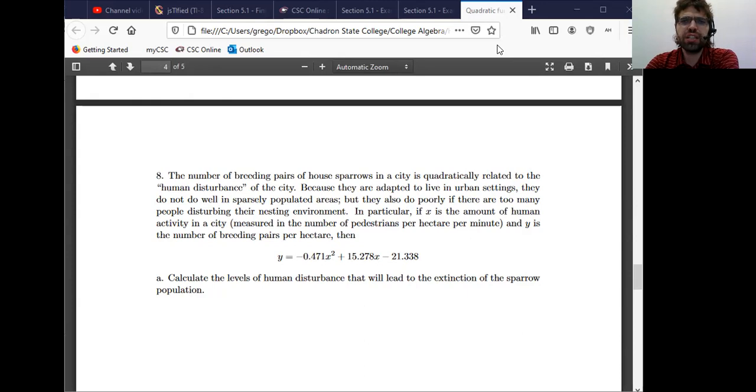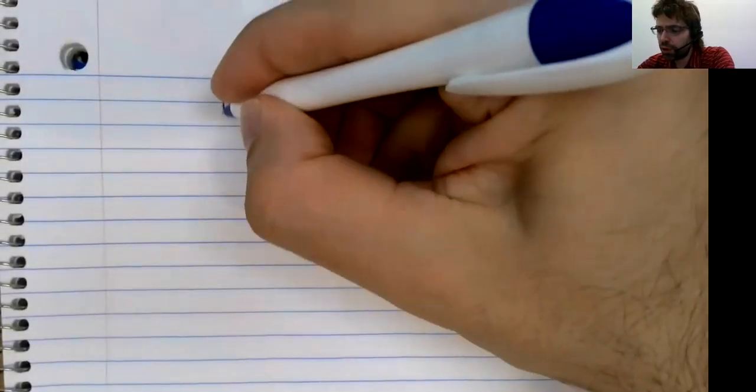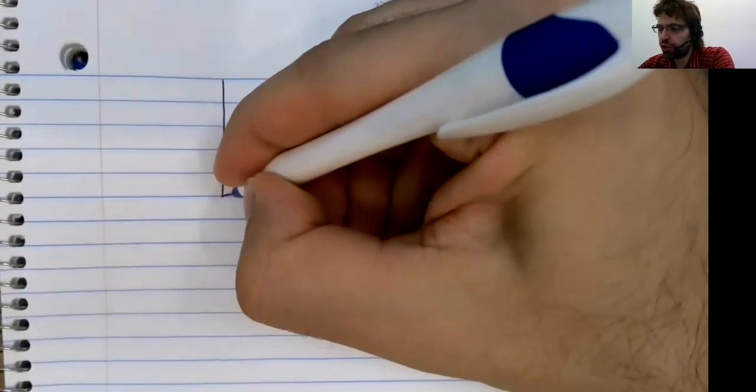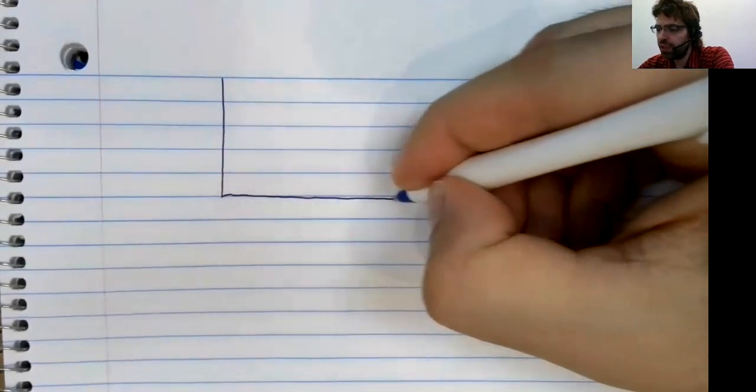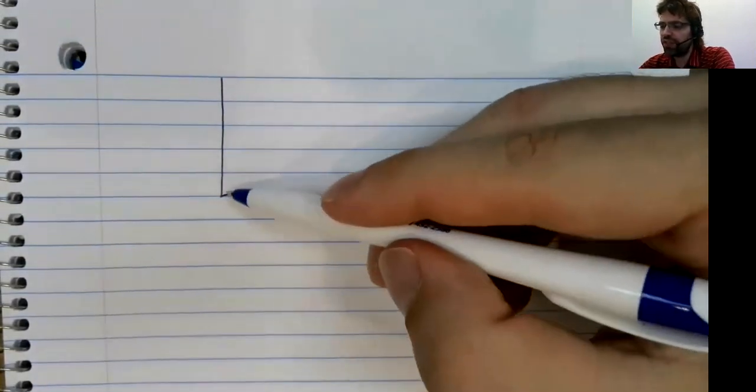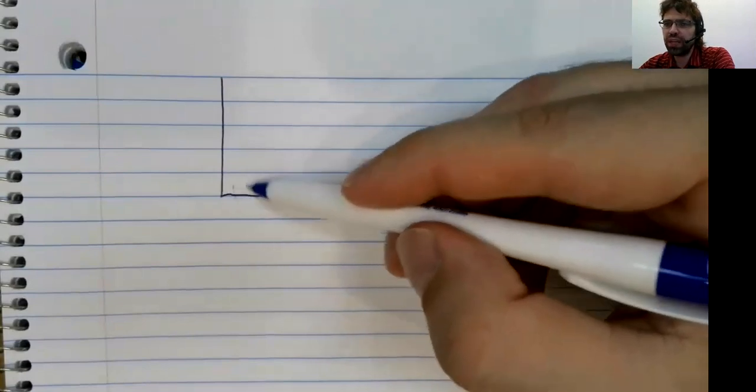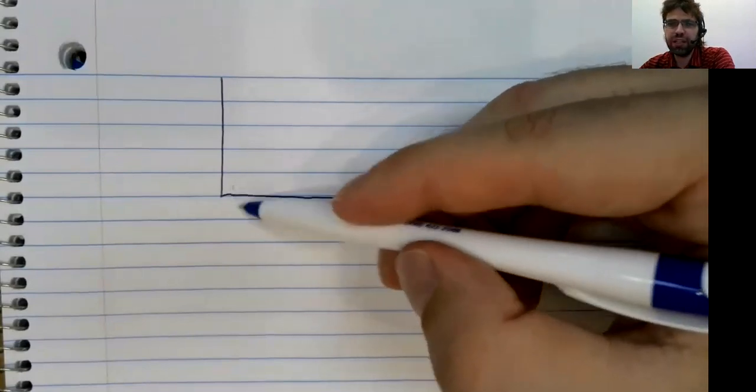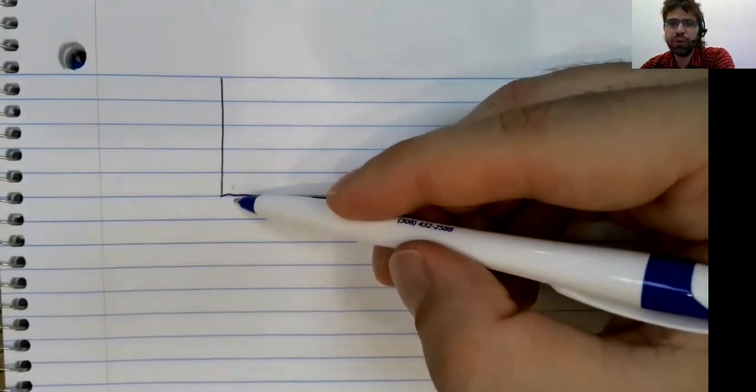The reason for this is that house sparrows, as their name sort of implies, are urban creatures. So if there's no human activity, they don't do well.